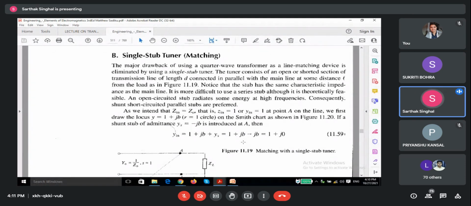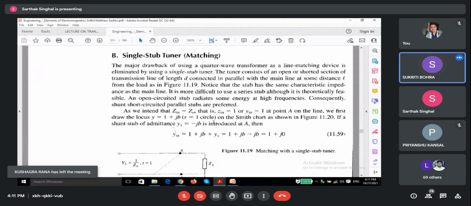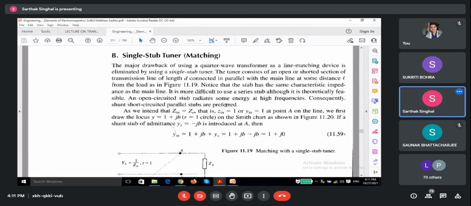Because in the quarter wave transformer section, the quarter wave section was added in between the main transmission line and the load impedance, right? Is everyone getting it? So as a solution to that problem of adding a stub or section in series, we have another method, which is to add a section in parallel.